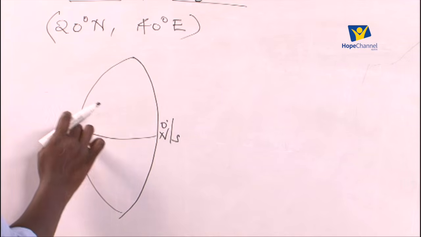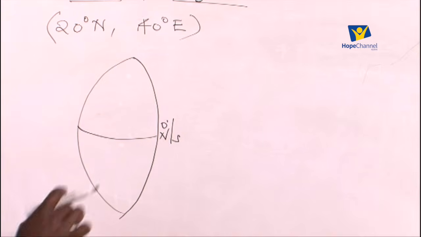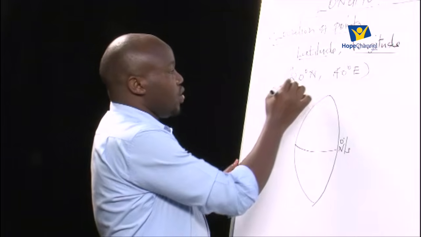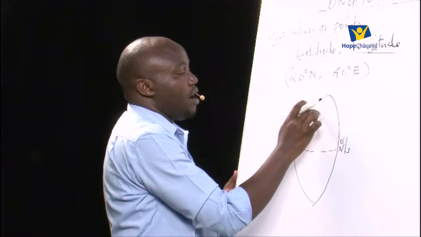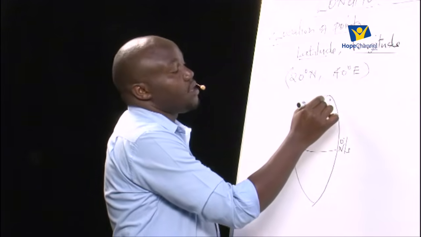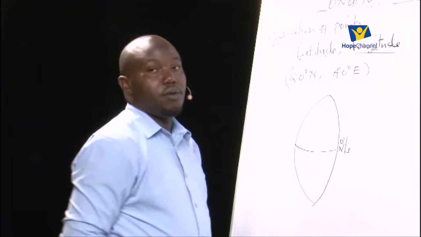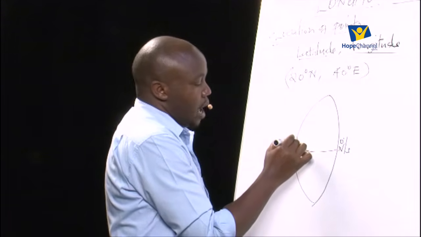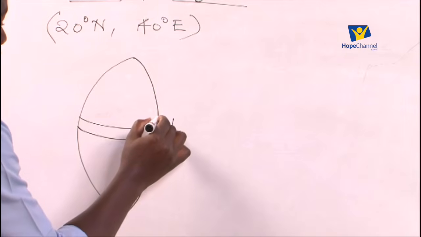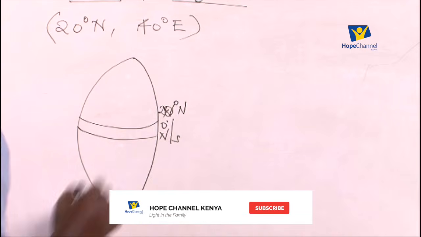Because from the equator going up, we are going towards the north. Coming down, we go towards the south. So my 20 degrees can be anywhere above this, but you need to be mathematically correct. You can't draw 20 degrees here, because moving from 0, you're increasing numbers towards 180 degrees. So 20 degrees should come approximately somewhere there, and say this is my 20 degrees north.